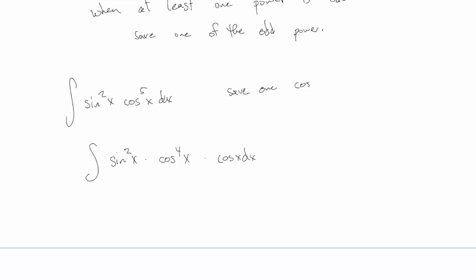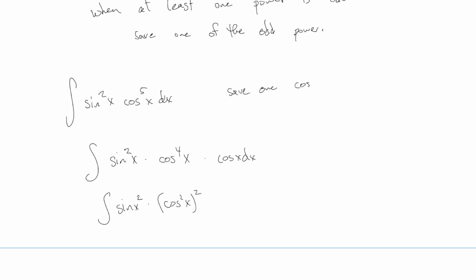That cosine over there is going to become my du. And then what do I do about cosine to the 4? Well, cosine to the 4 is the same as cosine squared to the squared. So this is sine squared x times cosine squared x, squared, right?